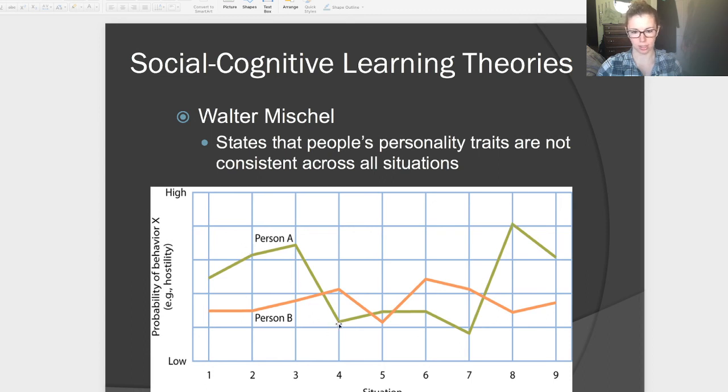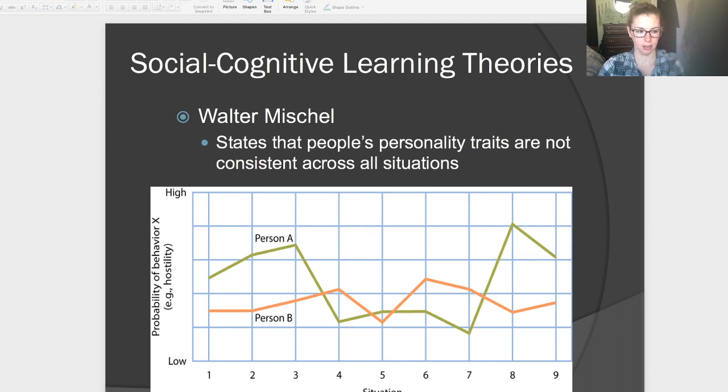So you can see the lines cross over. So that's indicating that, although there is some consistency in individual behavior, the situation can really drive our personality. Okay, so the social cognitive perspective applies theories of cognition and learning to personality.